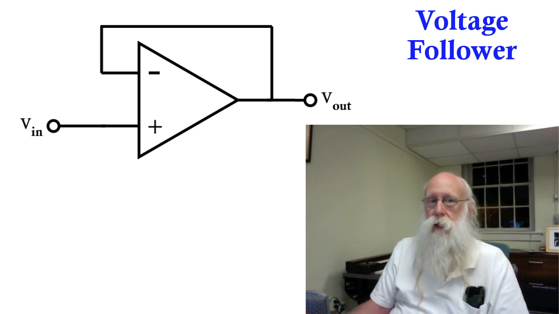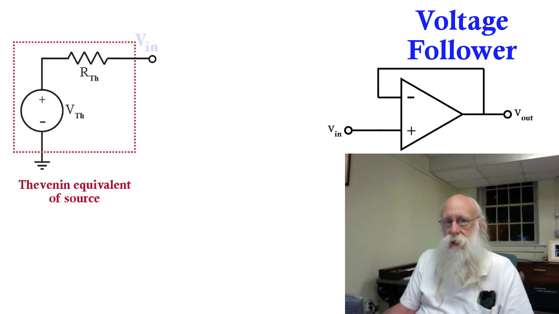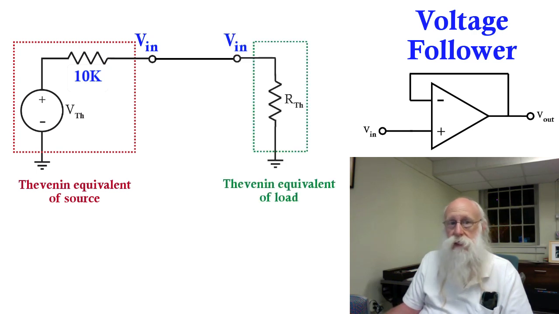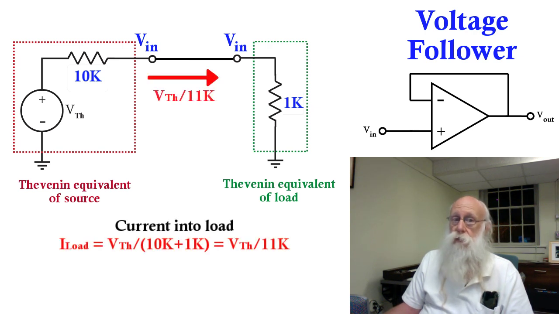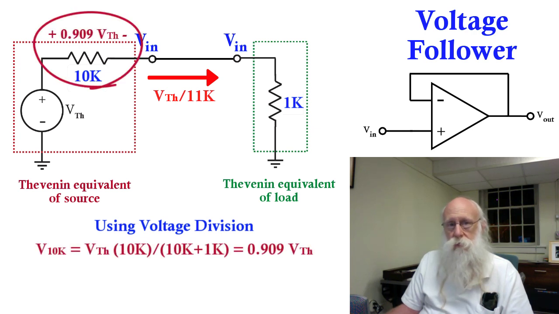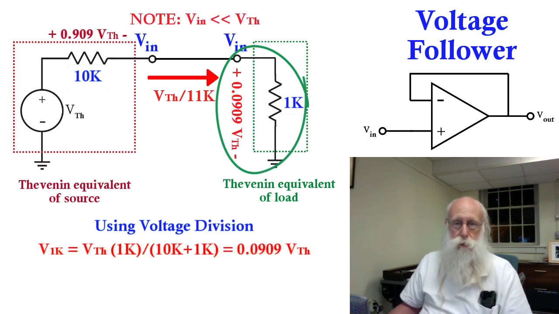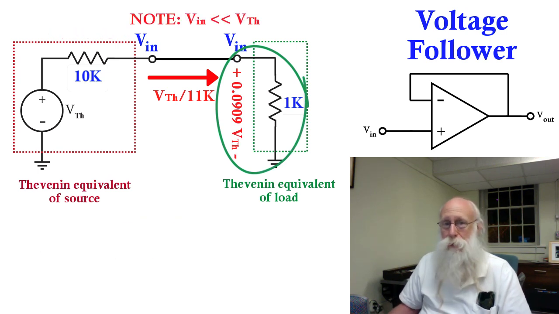For example, if the circuit generating Vn had a Thevenin equivalent of 10K, and you need to drive a circuit whose input impedance is 1K, then all of a sudden you are going to load down that driving circuit, and you're going to lose about 90% of the voltage inside of the driving circuit. You're not going to have much left to drive the actual circuit, the one with the 1K input impedance.